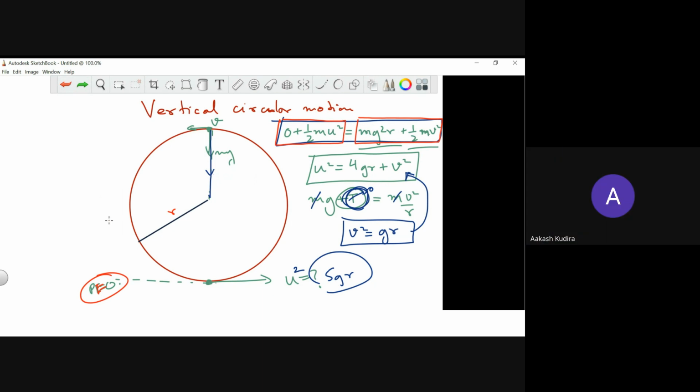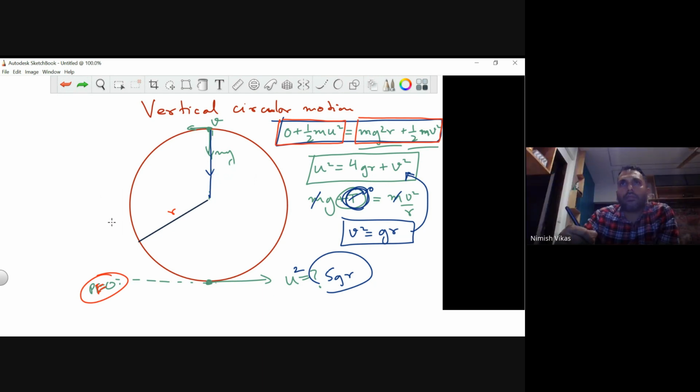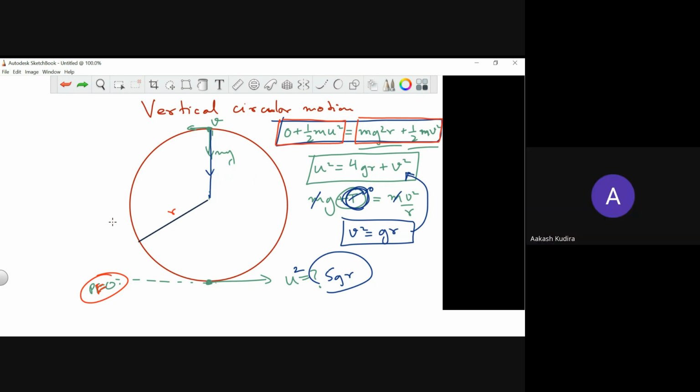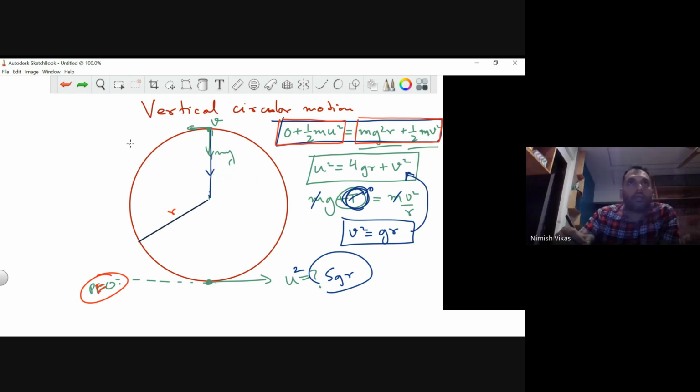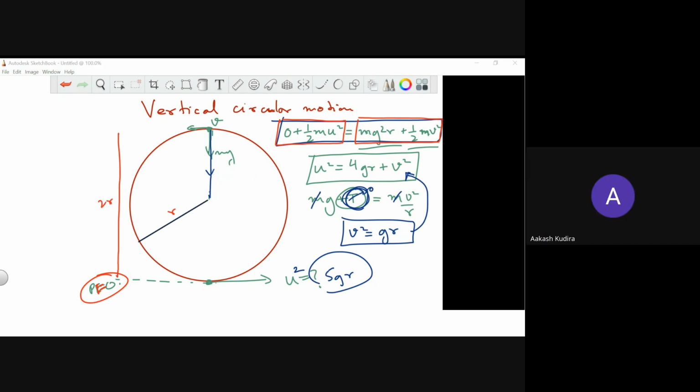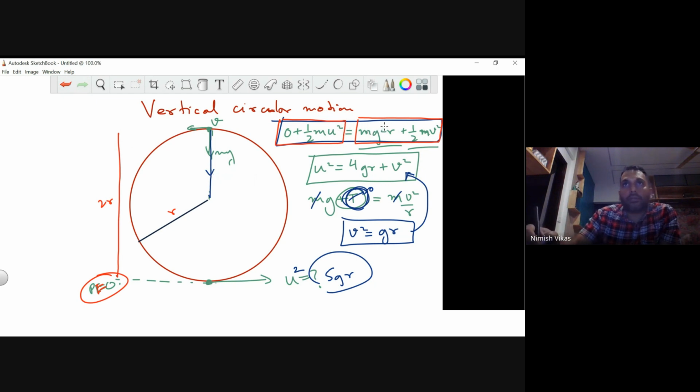Sir, how did you get the mg square r part? Where is that? 0 plus half mu square is equal to mg square r. It's mg into 2r, that's the height. Oh, okay, mg into 2r, no? Just now I said mgh, h is equal to 2r, right? Yes, sir. Don't just copy.